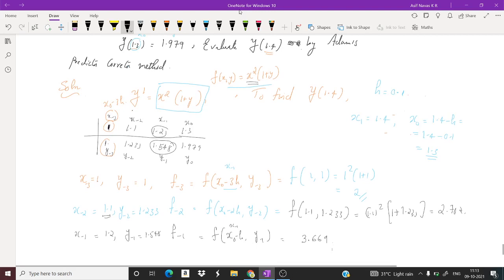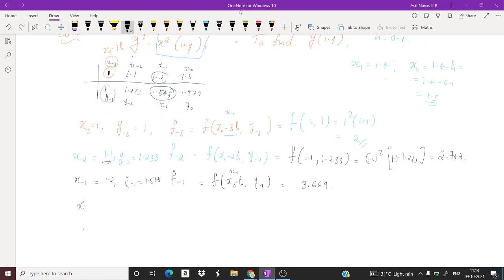Similarly, x naught is 1.3 and y naught is 1.979.